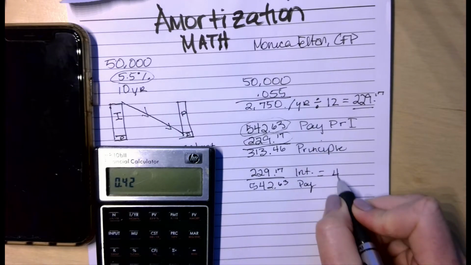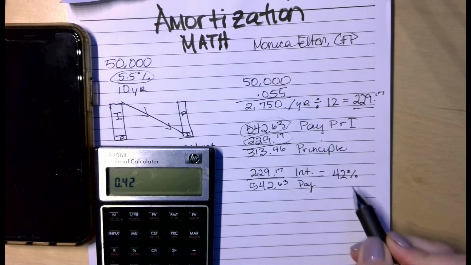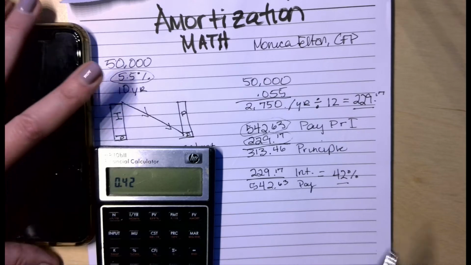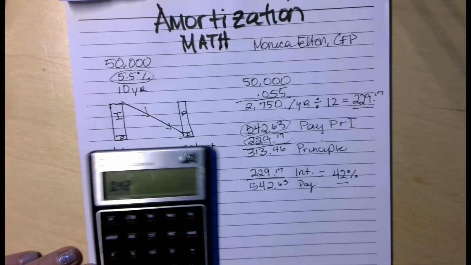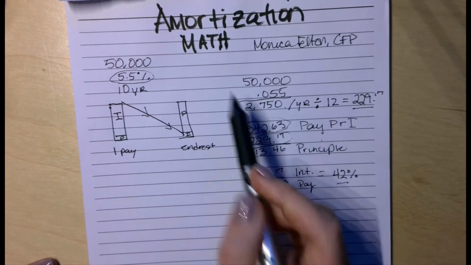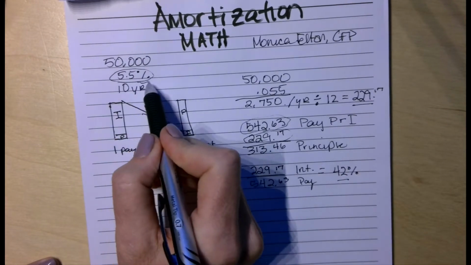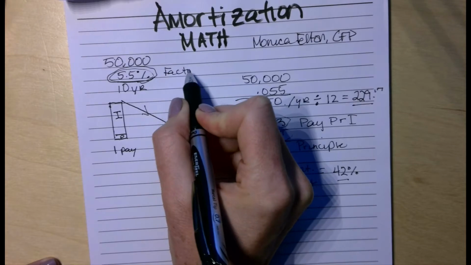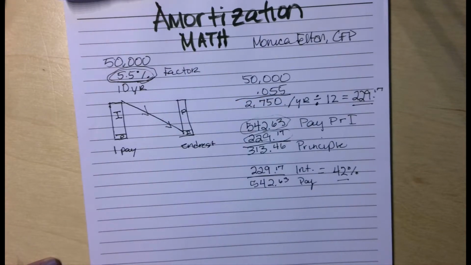That's 42%. So what that means is that 42% of that first payment is actually interest. Now, why do I tell you that? I tell you that because what everyone has to realize is that with amortized math, the interest rate is really a factor that's used to determine the amount of interest that you're going to pay.